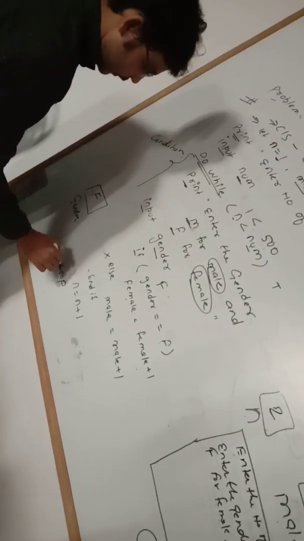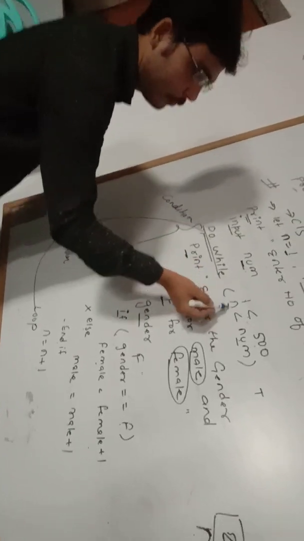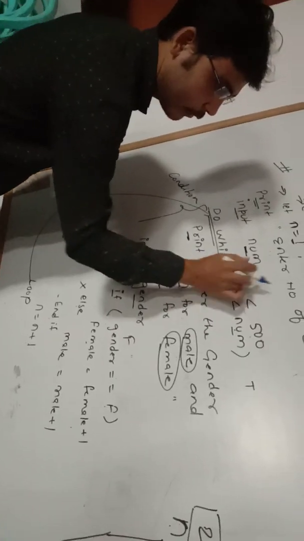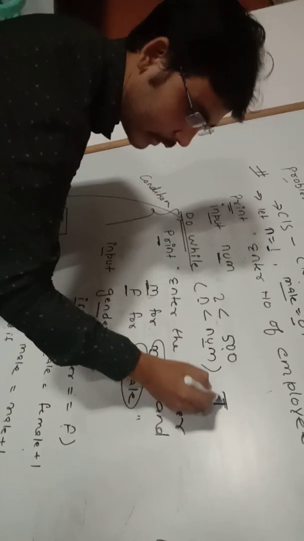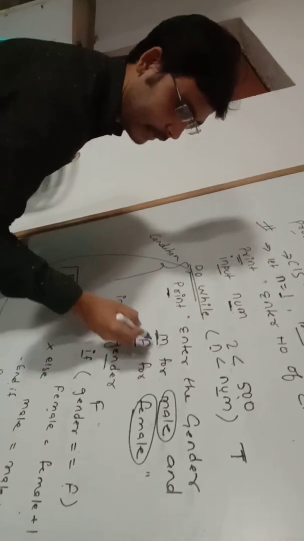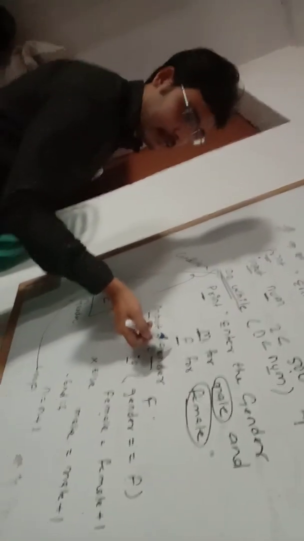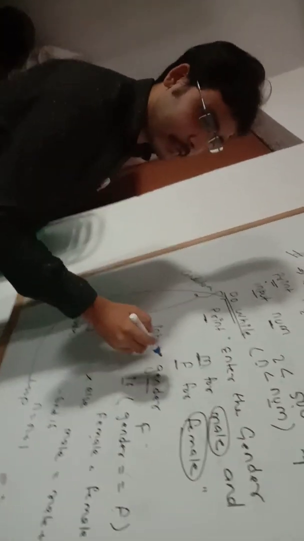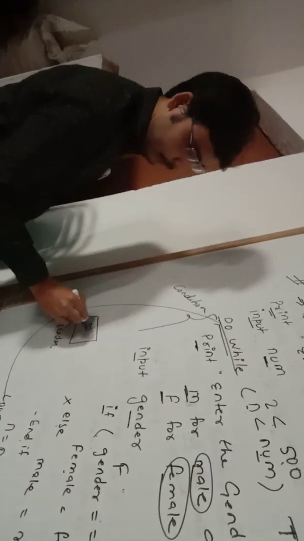Again we go to the do loop, and the do loop will check the condition: n equal to 2 and less than 500, yes true. If it is true, it will go to the print, enter the gender, M for male and F for female. Suppose this time a male has entered, so it will write male.